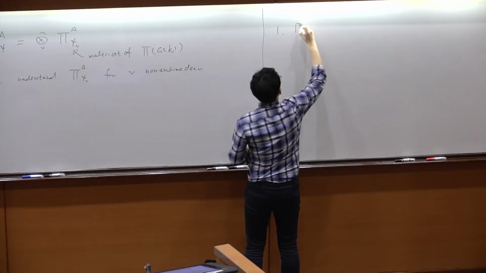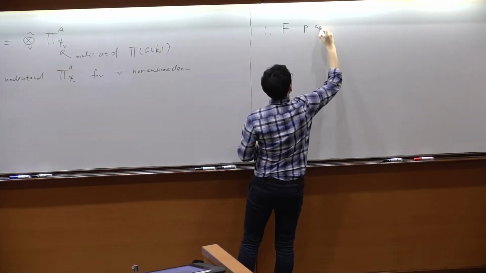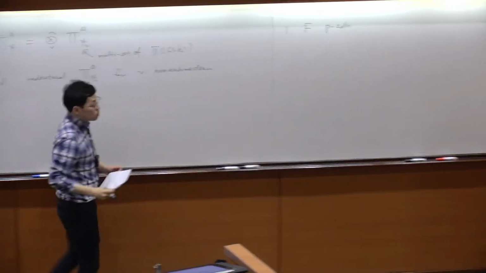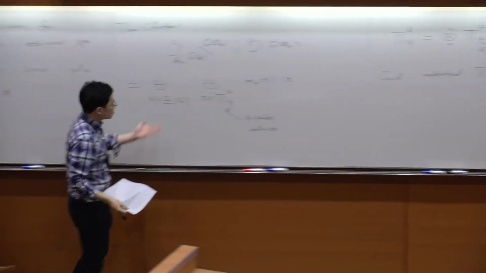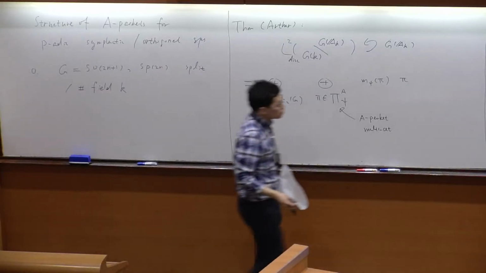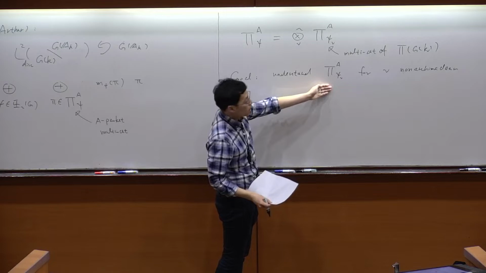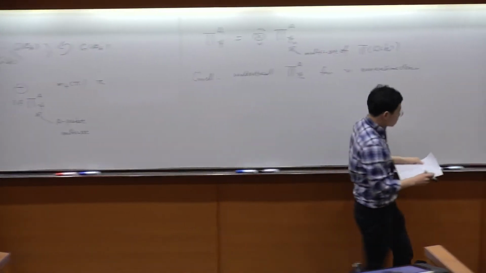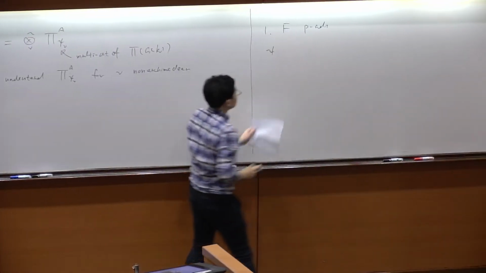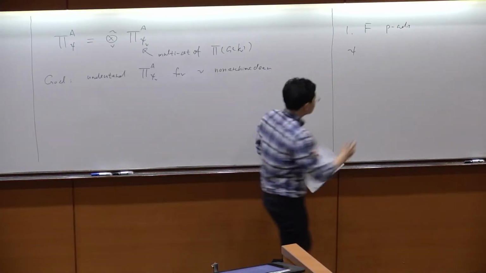So now I'm going to take F to be p-adic. We have the global motivation for introducing these A-packets, but in being able to describe this, it's better to have a local categorization. So now I'm going to introduce the local A-parameter.